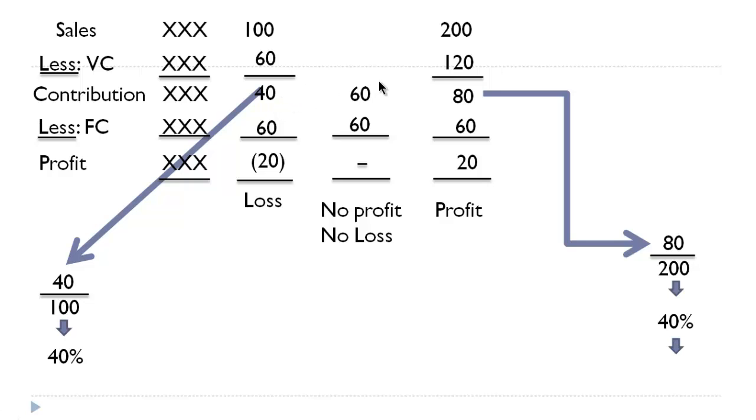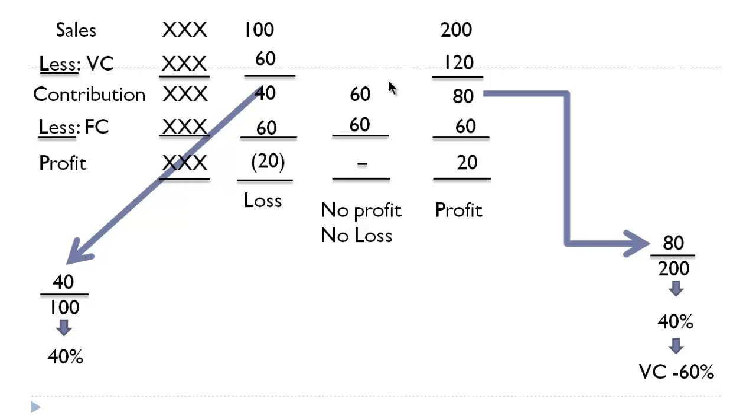Similarly, here you have 60 and you should know what the variable cost of it is. Look here, when 80 on 200 was the contribution, its variable cost was 60%. When the contribution is 40%, variable cost would be 60%.